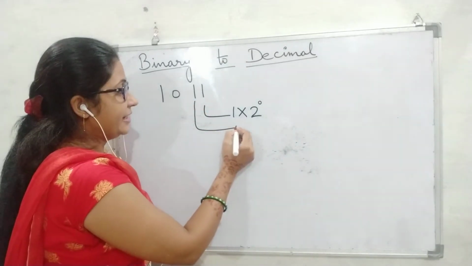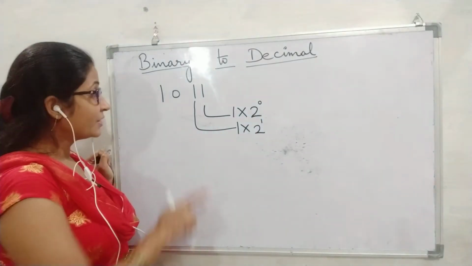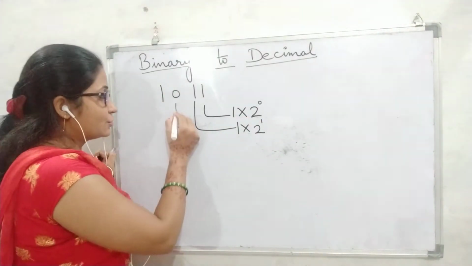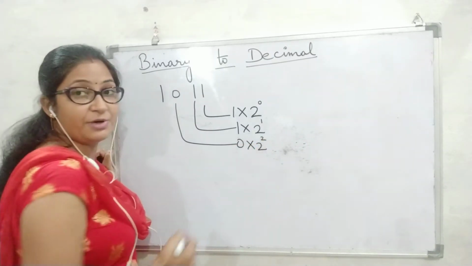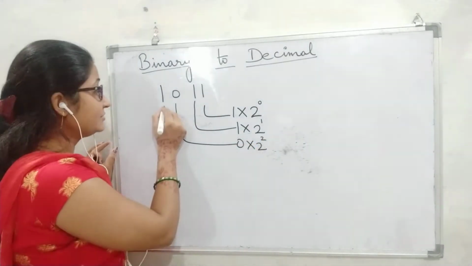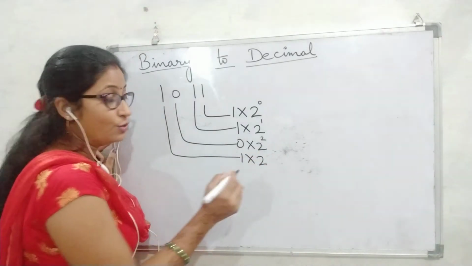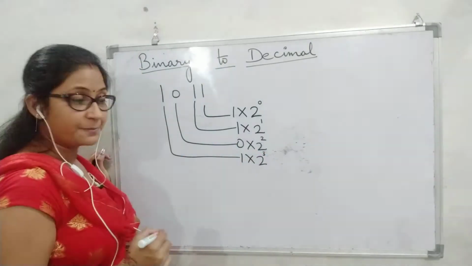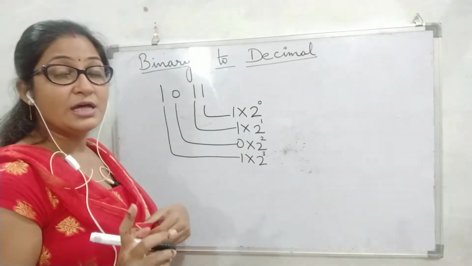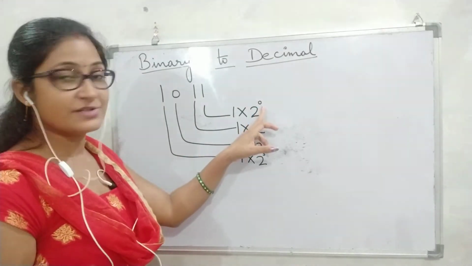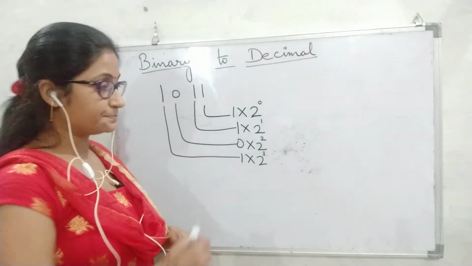Then next I have 1 into 2 raised to the power 1. Next digit is 0, so 0 I will take and multiply it by 2 raised to the power 2. And then last digit I have 1 to be multiplied by 2 raised to the power 3. As you can see, I have taken the powers of 2 in ascending order. So here I have starting with 0, then 1, 2 and 3.